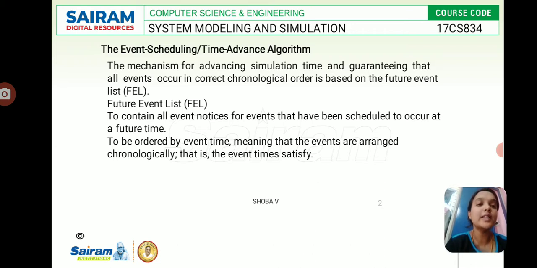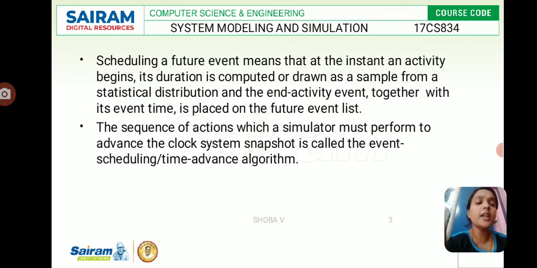So if it is necessary, we can see that future event list. To be ordered by event time means the events are arranged chronologically. Scheduling a future event means that the instant an activity begins, its duration is computed or a sample is drawn from a statistical distribution, and the end-activity event, together with its event time, is placed on the future event list.